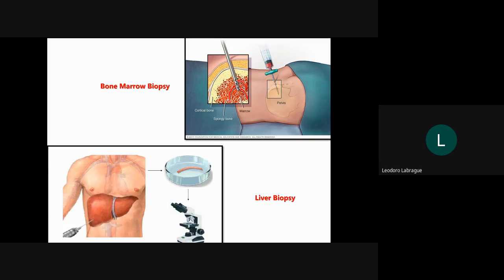So how do you know if the patient has cancer of the blood? The doctor might suggest bone marrow biopsy. Remember, the bone marrow are premature blood cells. They are the ones responsible for the development of blood cells.